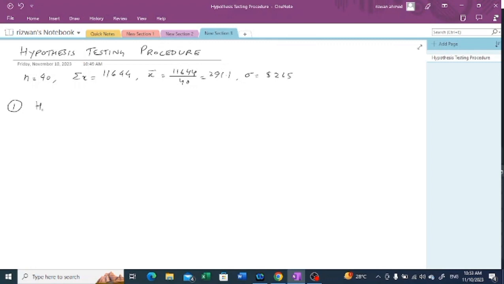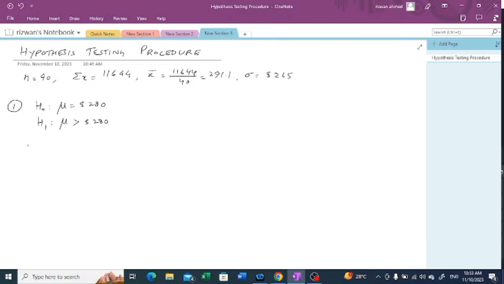We need to state the null hypothesis and the alternative hypothesis: H naught: mu equals $280, and H1: mu is greater than $280, because the testing statement says increased over the 1983 mean of $280.